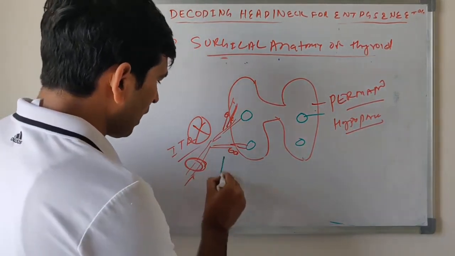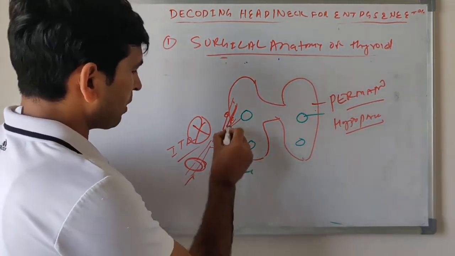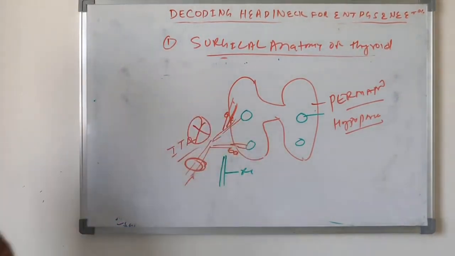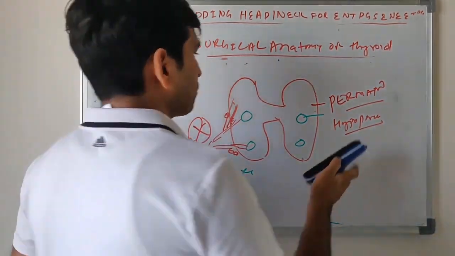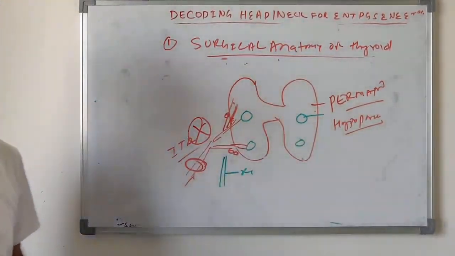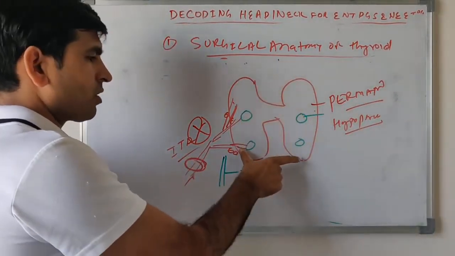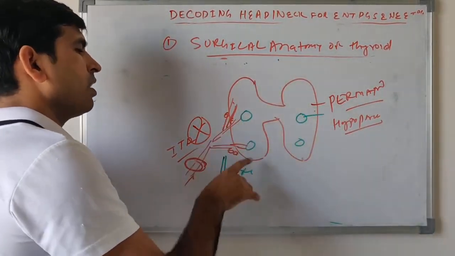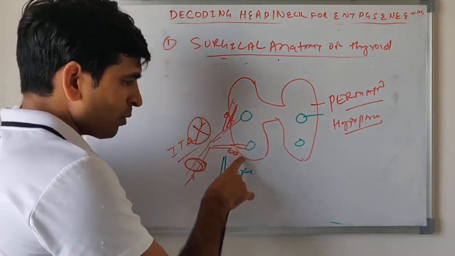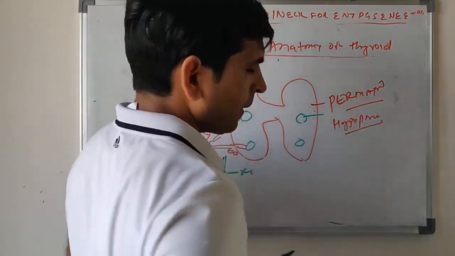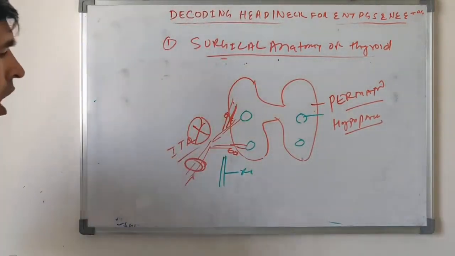You have to identify the recurrent laryngeal nerve as well as the individual branches to cut them, otherwise you will lead to permanent hypoparathyroidism. Similarly, you have to ligate the superior pole close to the pole. I am against pressing this, because we have to ligate individual branches to safeguard the parathyroid supply.